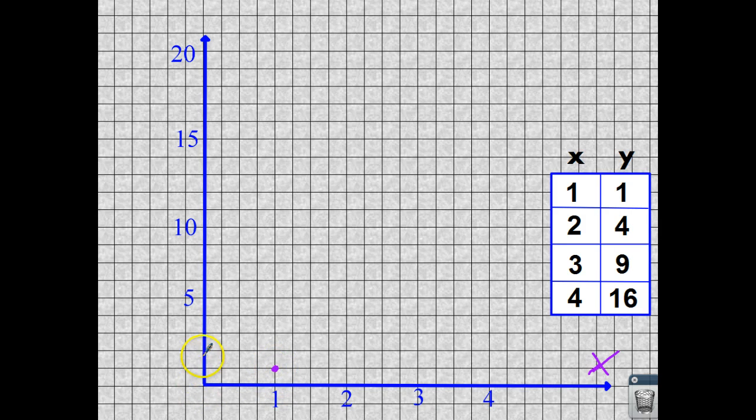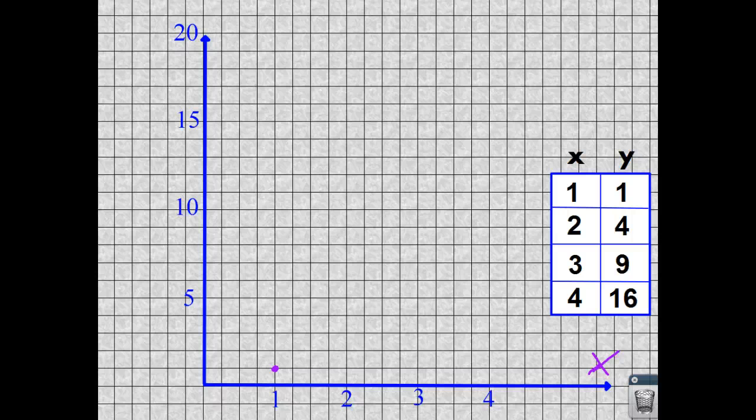And on my y-axis, as you can see, I went by 1 full unit each. 1, 2, 3, 4, 5, 6, 7, 8, 9. Oh, wait a second. I got to move that up. 6, 7, 8, 9, 10, 11, 12, 13, 14, 15, 16, 17, 18, 19, 20. Okay, glad I caught that. So now we have 1, 1.